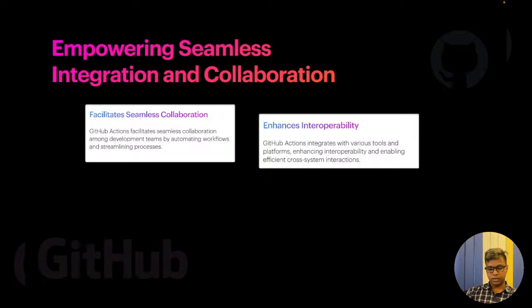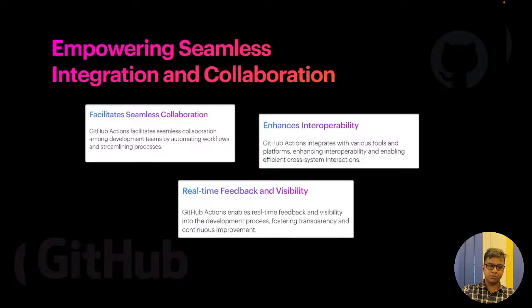If someone puts an issue on our repo, we can get a notification from our Slack. Likewise, we can get other notifications as well. So it is more cross-platform integration.